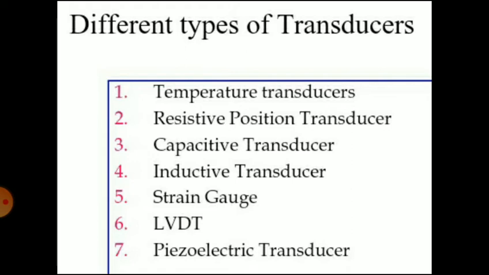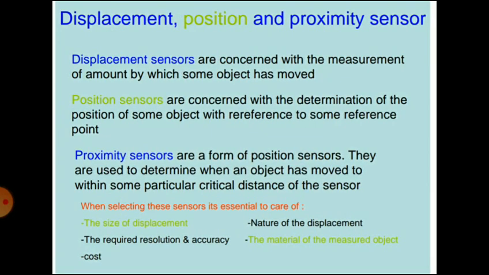Now different types of transducers are temperature transducers, resistive position transducer, capacitive transducer, inductive transducer, strain gauge, LVDT, piezoelectric transducer. In this lecture, we will discuss displacement, position, and proximity sensors. Displacement sensors are concerned with the measurement of the amount by which some object has been moved.